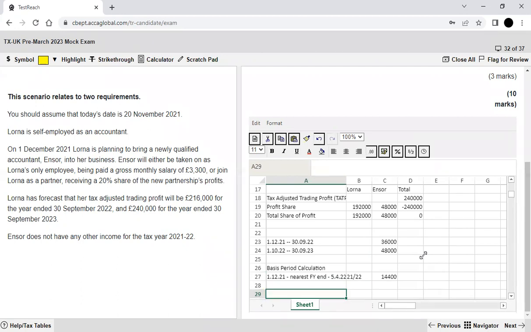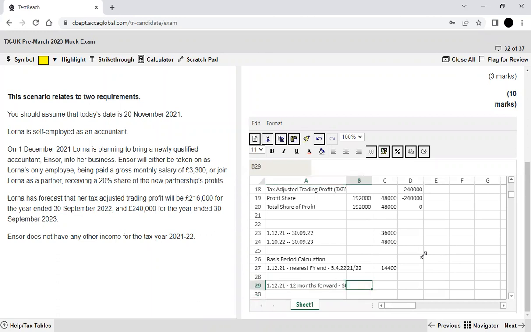Then step 2. We cannot go 12 months back because the first accounting period is of 10 months. So as a last option, I am supposed to go 12 months, and this would be fiscal year 22-23. 36,000 as a complete for 10 months.